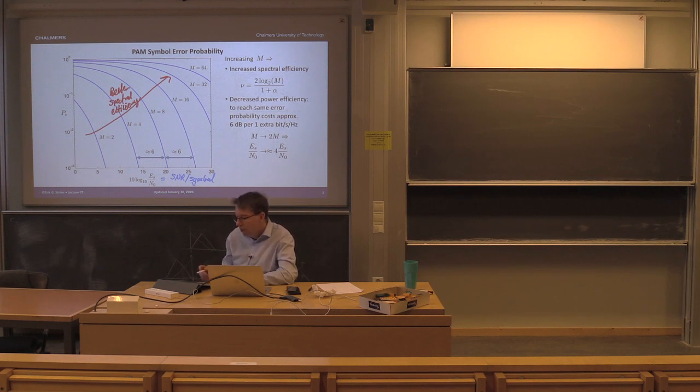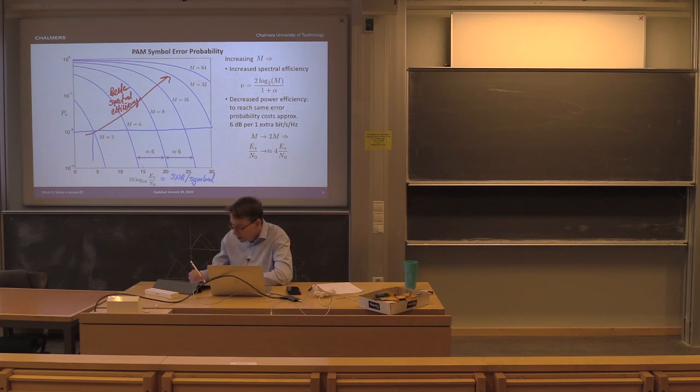However, the problem is that if we would like to reach a certain error probability, say 10 to the minus 2, which means 1% error, we can read off how much symbol energy we need to sustain this.